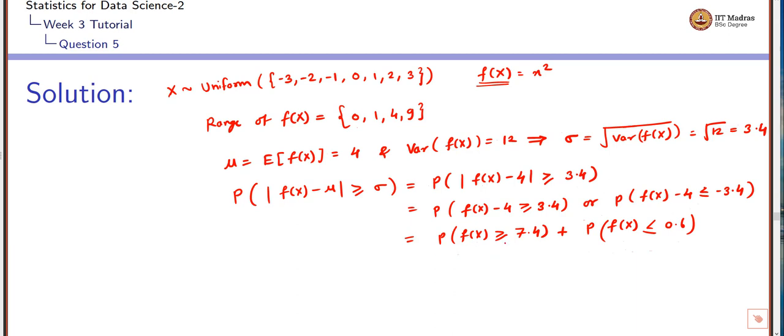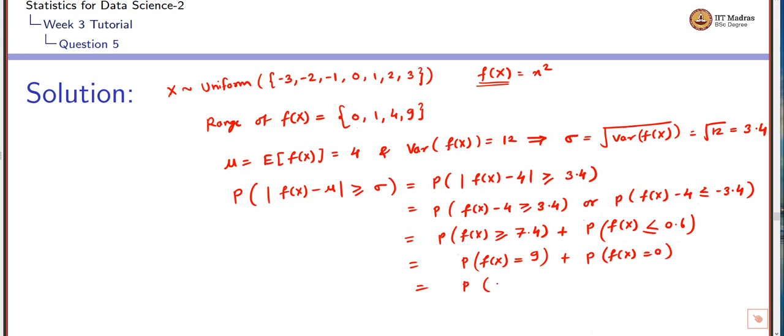The probability that f of x is greater than or equal to 7.4 is nothing but the probability that f of x equals 9, since only one value in this range is greater than or equal to 7.4. Plus the probability that f of x is less than or equal to 0.6, which is nothing but the probability that f of x equals 0.